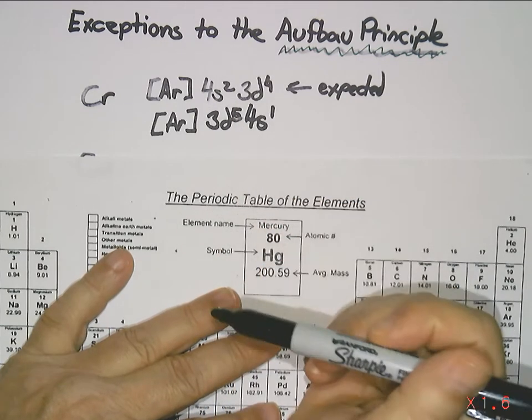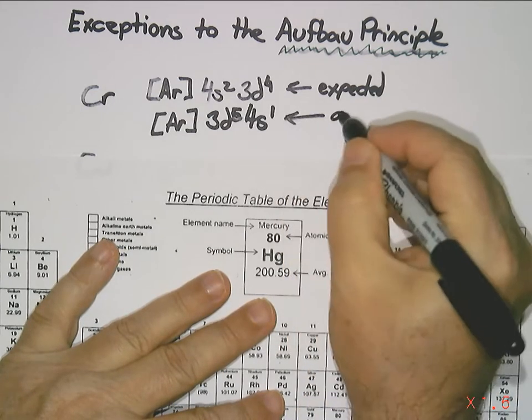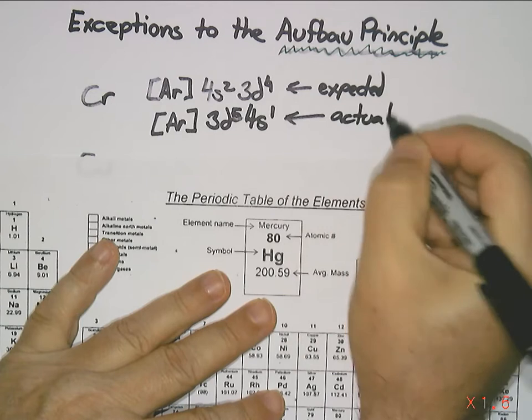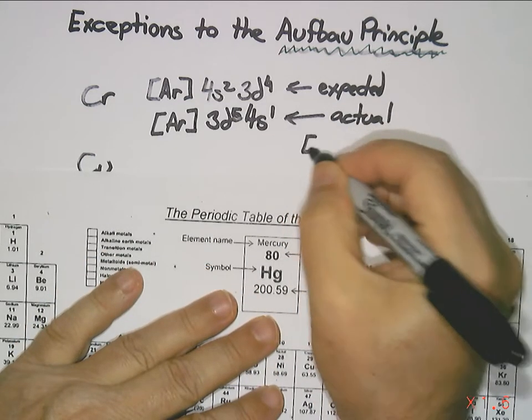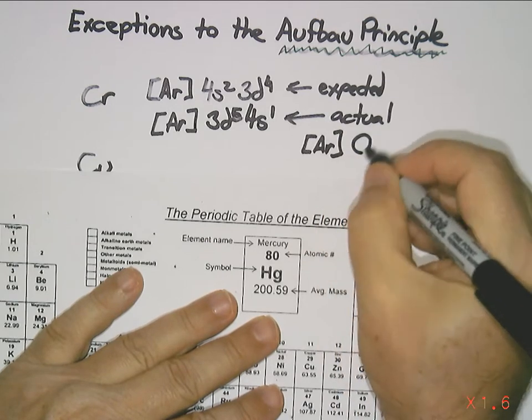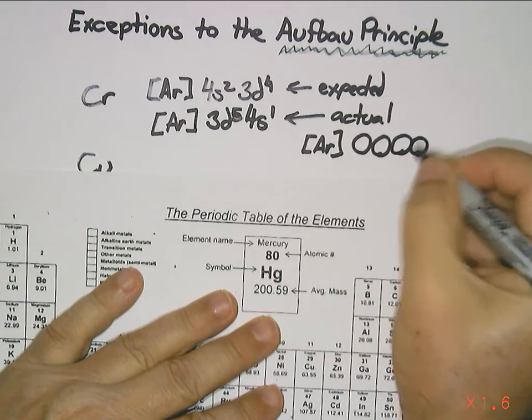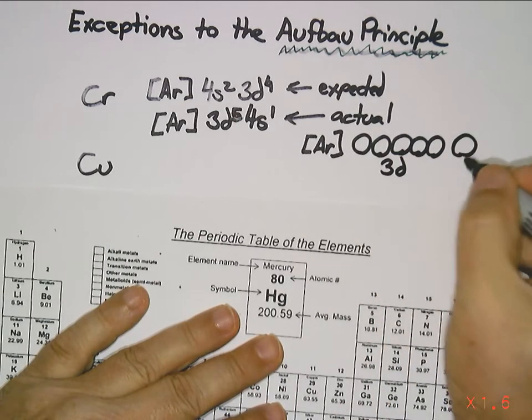It's hard to see what's going on with just subshell notation, so let's write this as an orbital diagram. We've got our 3 d's and our 4s.